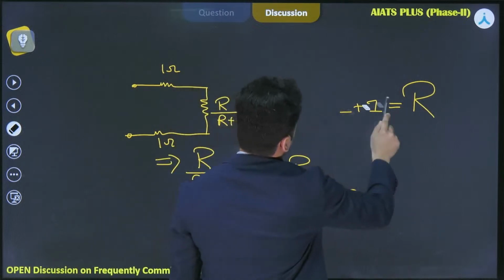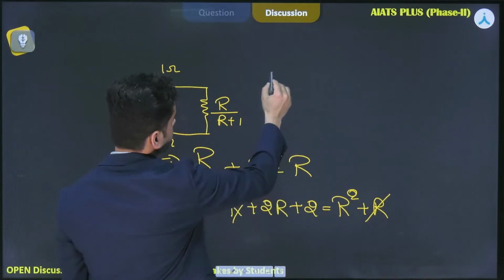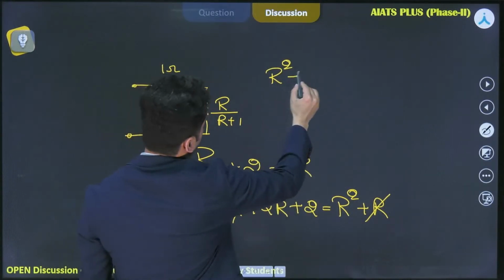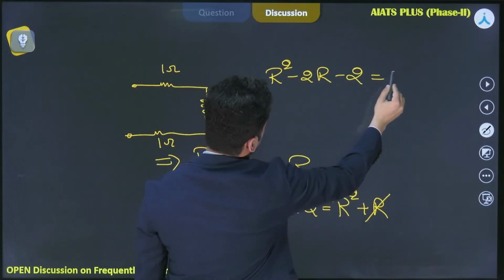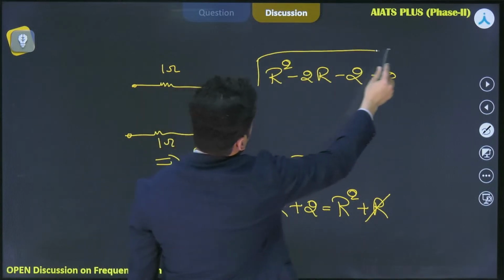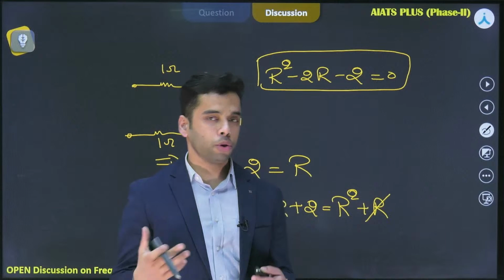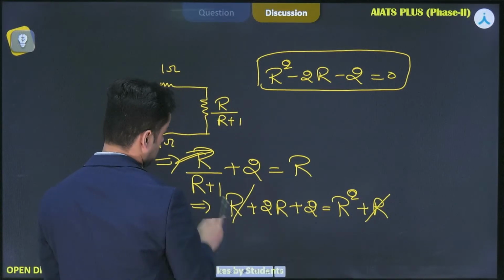There is a quadratic equation which says that R square minus 2R minus 2 is equal to 0. This is the quadratic equation that you need to solve to get the value of R, and I hope you all know how to solve a quadratic equation. Even if you don't know, I'll tell you how to solve the quadratic equation.